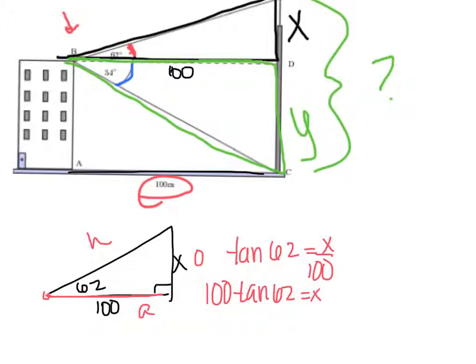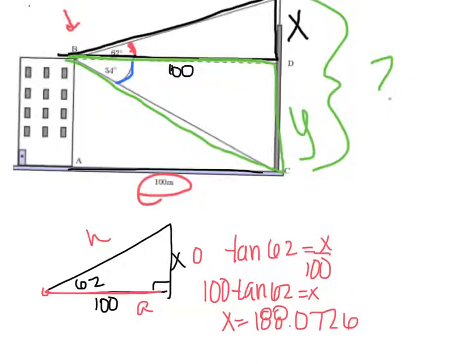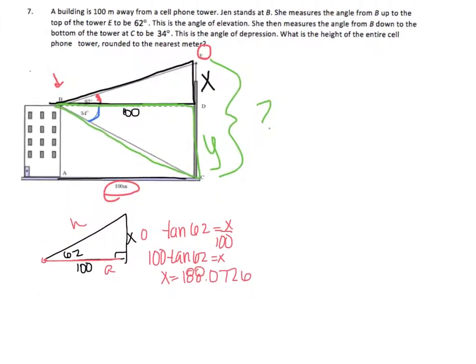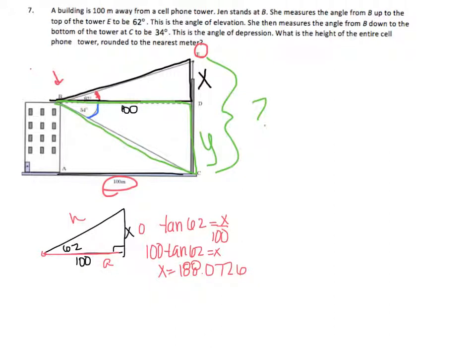So 100 times a tangent of 62 is 188.0726. So I'm going to take a couple decimal places in the beginning, and then I'm going to round at the very, very end.